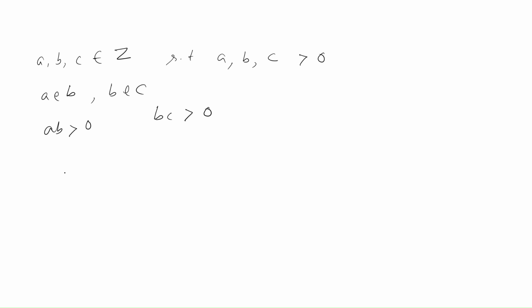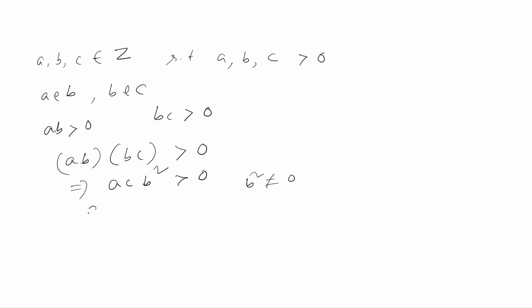Now ab into bc greater than 0, which imply ac b square greater than 0. b square not equals to 0. Then ac greater than 0.